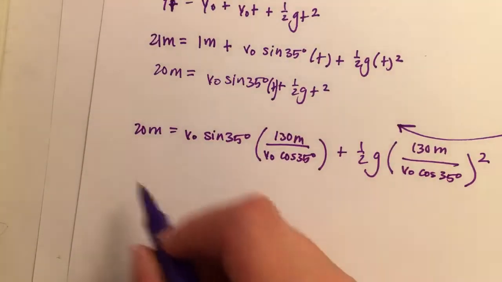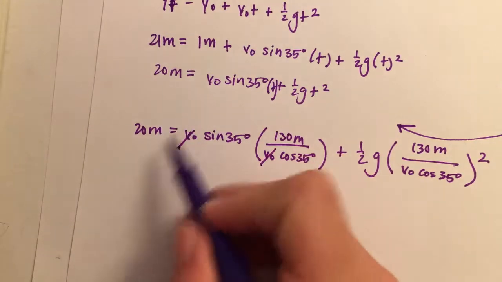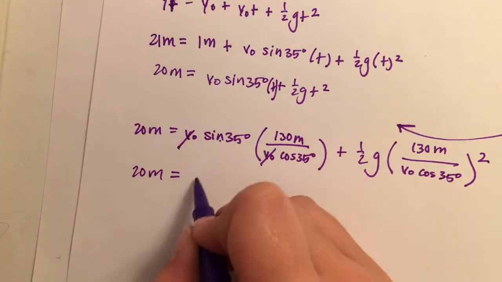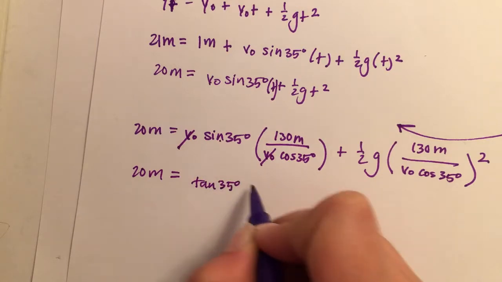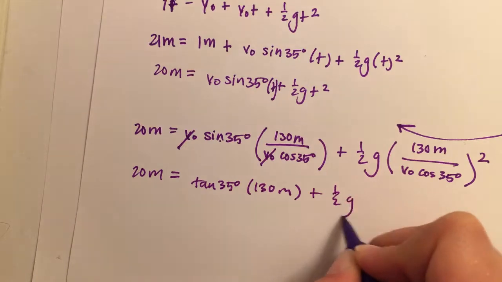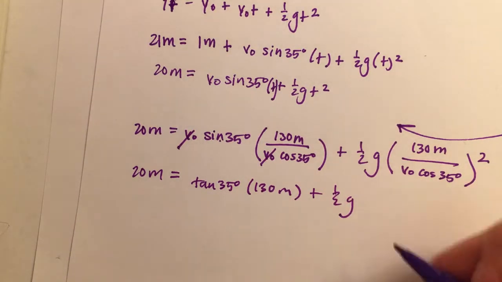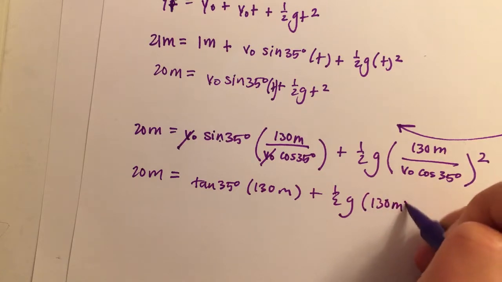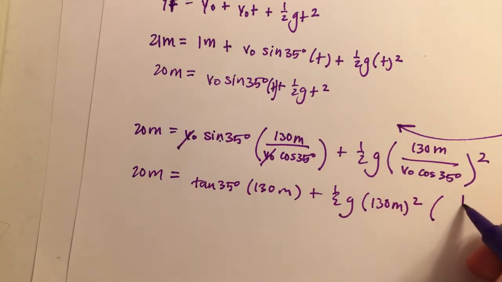To simplify this, these velocities will cancel out. 20 meters equals sine over cosine, tangent 35 degrees, times 130 meters, plus 1/2 g times 130 meters squared, and then 1 over velocity initial cosine 35 squared.